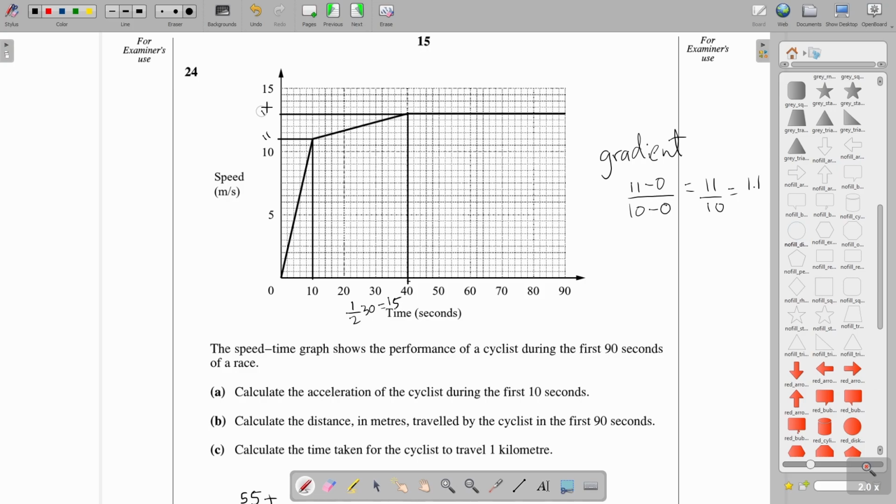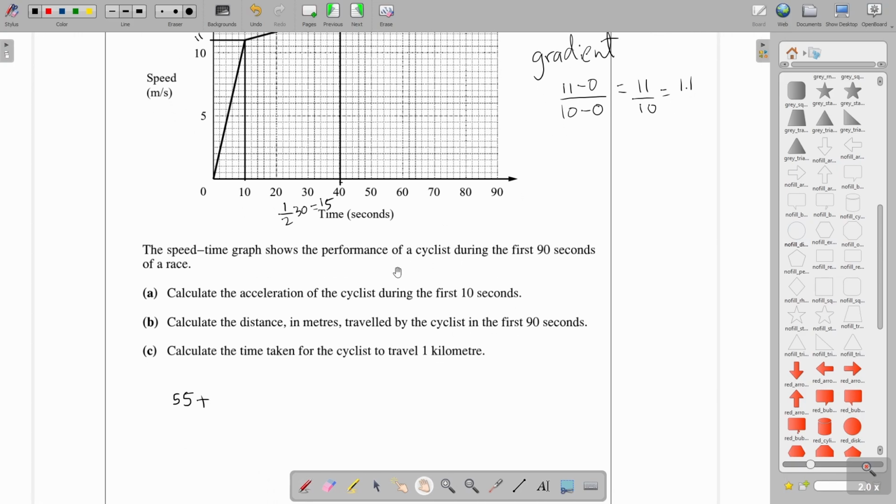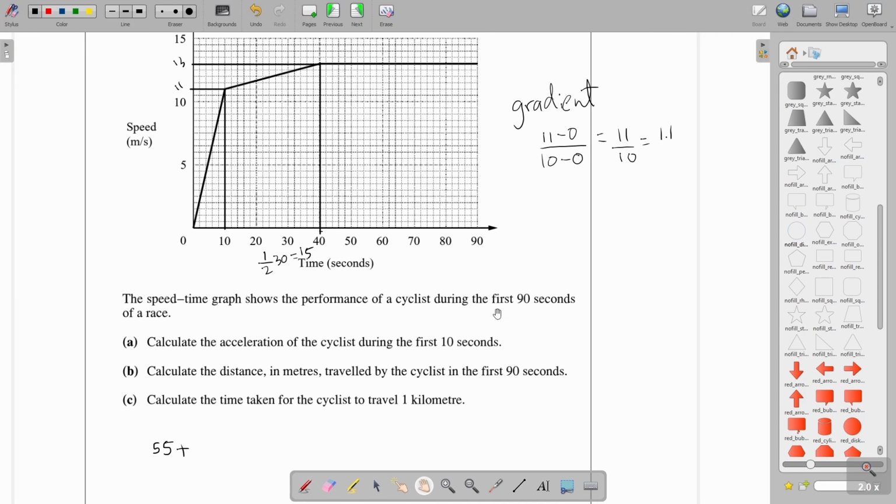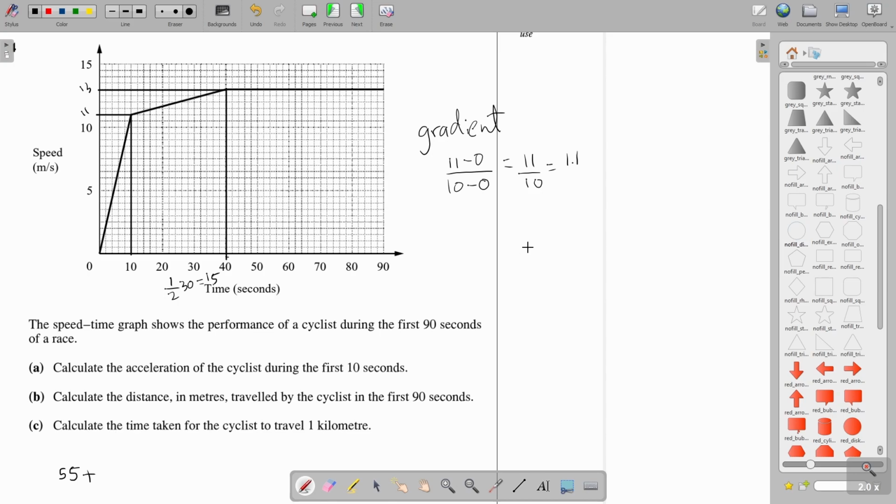I should have used a different color for these lines, but this is 13 over here. So if we add up 11 and 13, we get 24. So half into base into the sum of parallel sides would be 24 into 15. So 5 fours are 20, 5 twos are 10, 11, 12, and then a 0, 4, 2, 0, 6, 3. So that would be 55 plus 360.